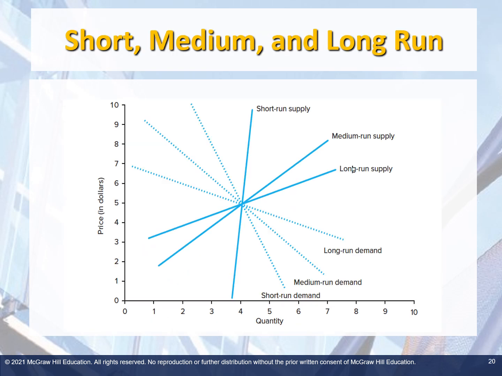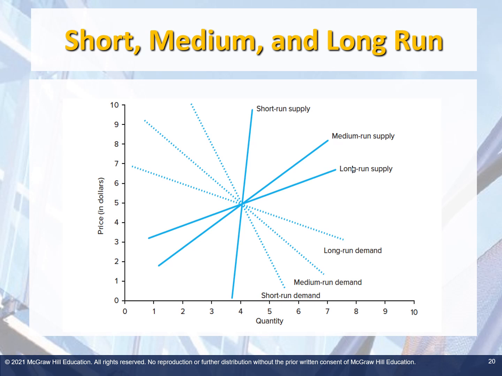In the short run, some factors of production are fixed and firms can only adjust variable inputs. A factory may not be able to expand its physical space immediately, but it can hire more workers to increase production. In the medium run, firms can adjust some fixed inputs and make more significant changes to production.